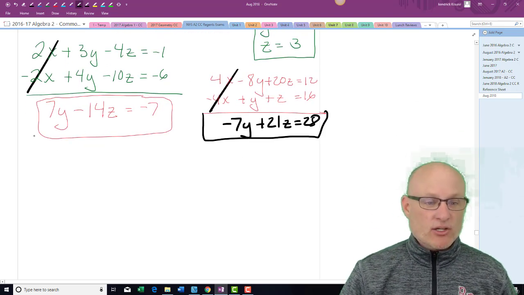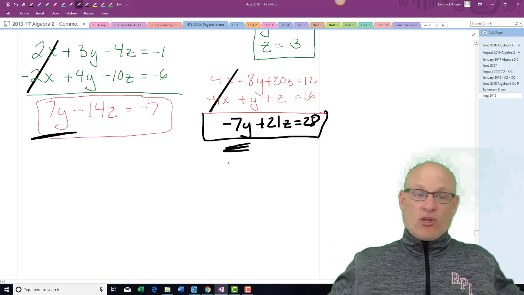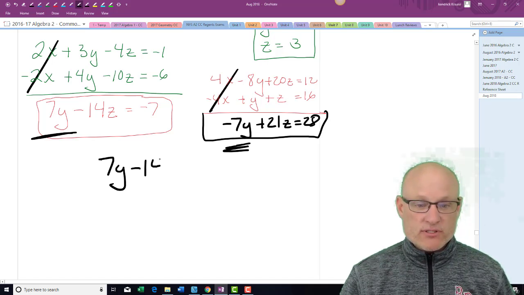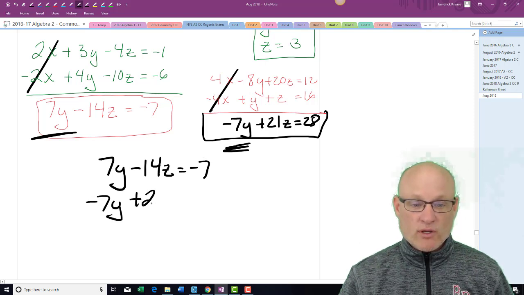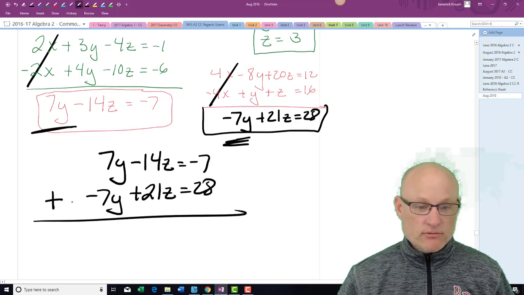Now if I look at it, look at the y's. Look how pretty that is. Those y's, if I put them up on top of each other, the y's go away. So I'm going to write that out. 7y minus 14z equals negative 7. Negative 7y plus 21z equals 28. Now beauty is I can just add those.